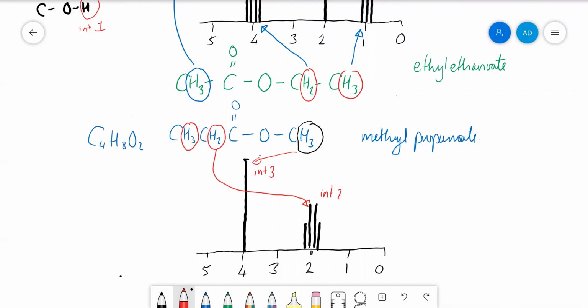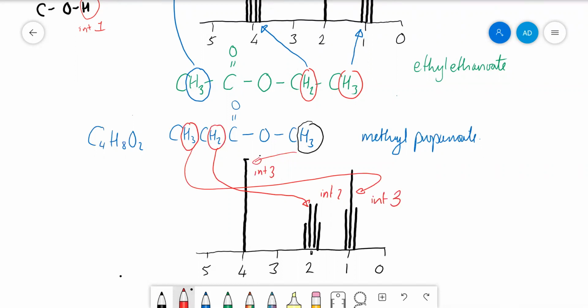And finally, these hydrogens here. Right, there's 3 of them. They're next door to a carbon with 2 hydrogens, so it's going to be a triplet. And that triplet will be about ppm 1 because it's not near any oxygens. And of course, the integrated value of that will be 3.